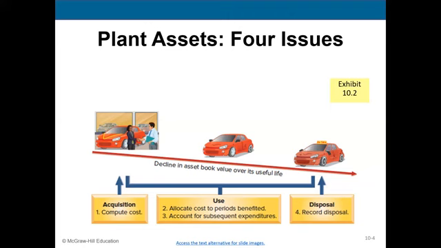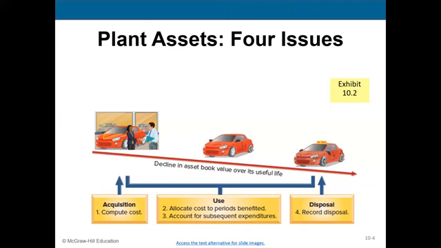And then over time, it loses its usefulness. So we record the acquisition cost, but we also have to figure out how long it is expected to last. We call that useful life. Its useful life is determined by figuring out how long it's supposed to last.